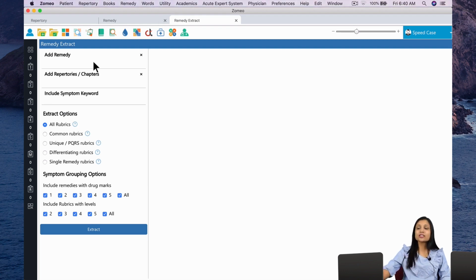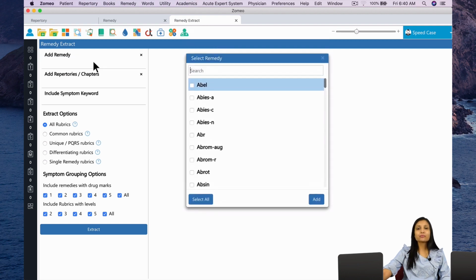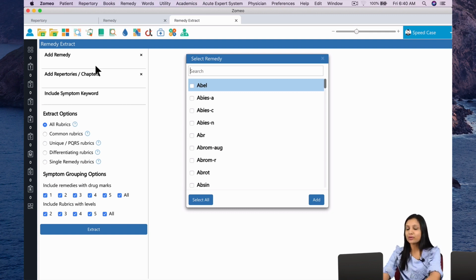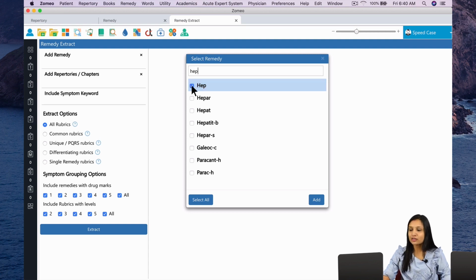The first is that we need to add the remedy. So when I click on the blank box below add remedy, I get a list of remedies in a pop-up. And now since I'm looking for the characteristics of Hepar Sulph, I will type in HEP and I will check the box against the remedy Hepar. I click add.